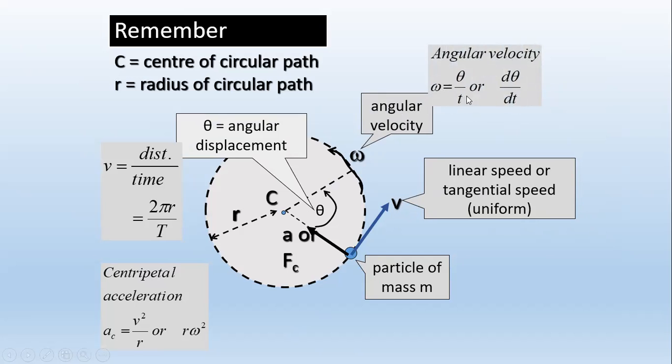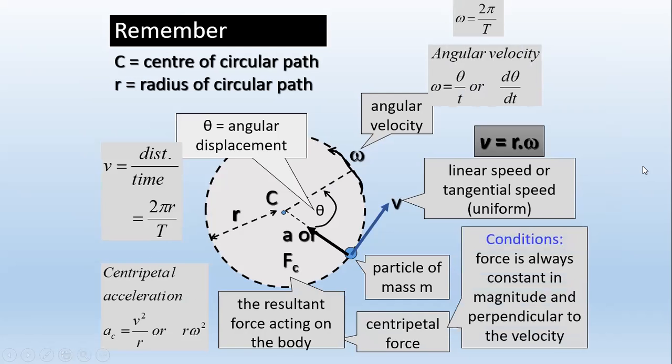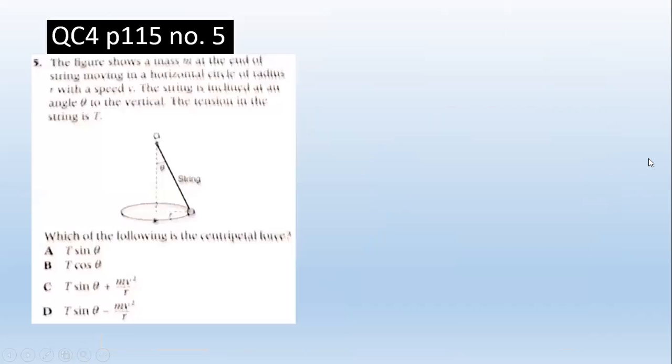And that's our definition for angular velocity: 2 pi over T, v equals r omega. This is centripetal force. Acceleration is the resultant force. Know how to use all these equations, memorize them. The conditions for an object to move in a circle: the force is always constant in magnitude and is always perpendicular to velocity. Those are the two conditions.